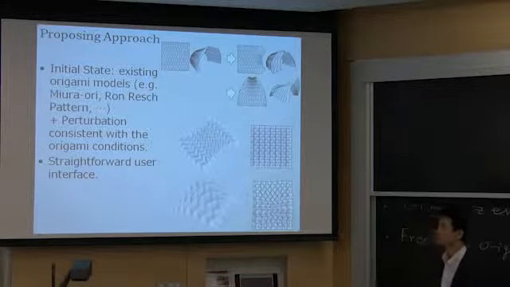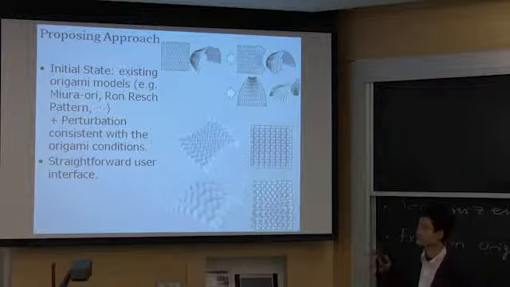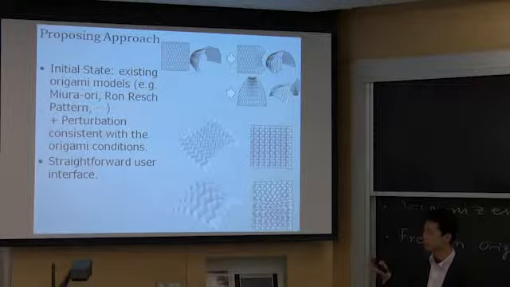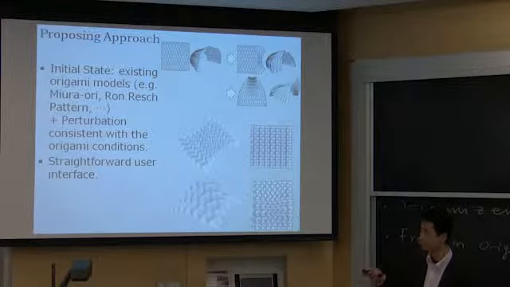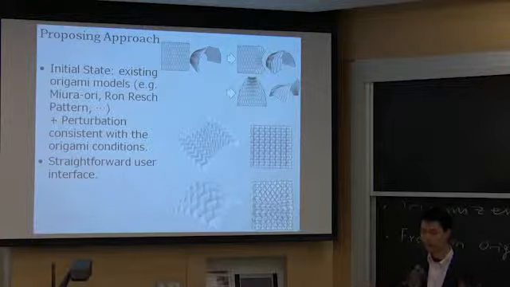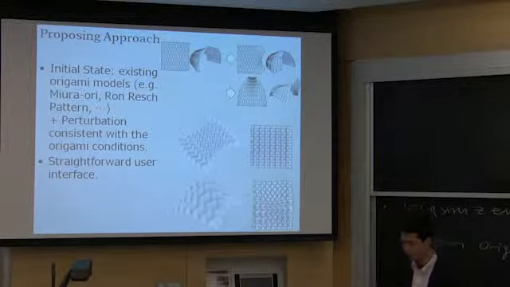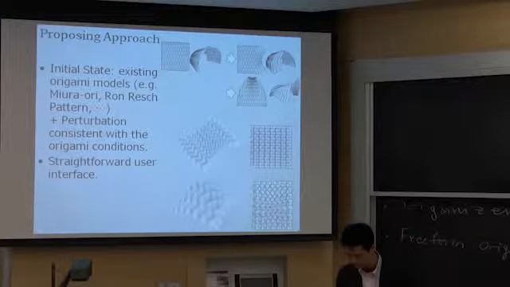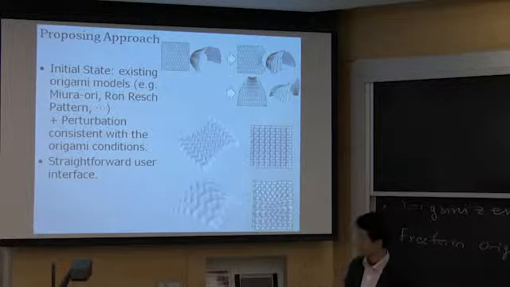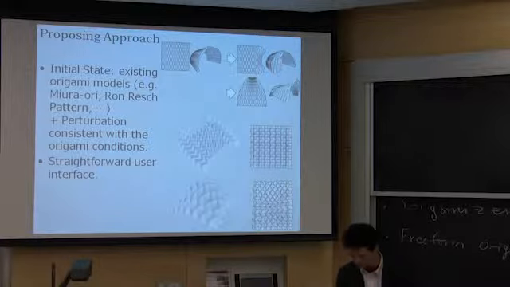So the approach here is to start from existing origami models and then modify that to a different shape while keeping the origami conditions, with a direct, straightforward user interface.